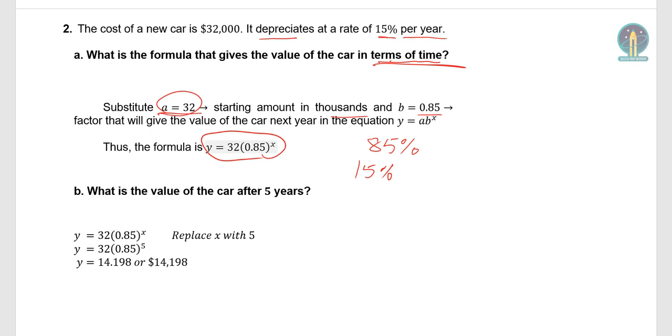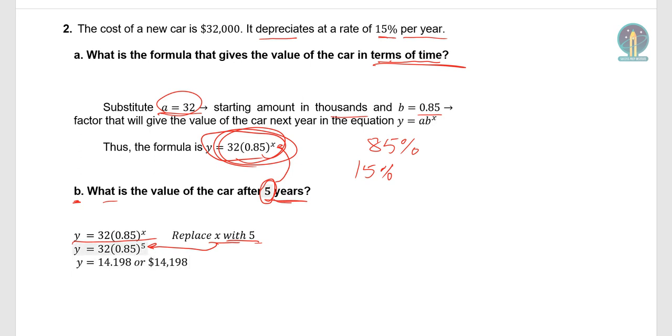We haven't plugged in for x because we were looking for that general equation. We haven't plugged in a specific number of years. Now, part B of the example says, what is the value of the car after 5 years? So now we have a specific value to plug in for x. We take this equation and plug in 5 in place of x, and then just evaluate with the calculator.